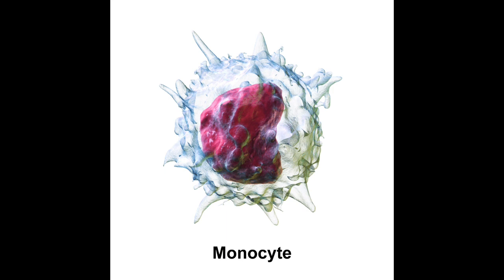As we can see, this red part is the nucleus, and it is shaped like a bean. Also, this monocyte can transform into a macrophage, going to the second line of defense, which is the non-specific immune response of phagocytosis. We will talk about it in another session.